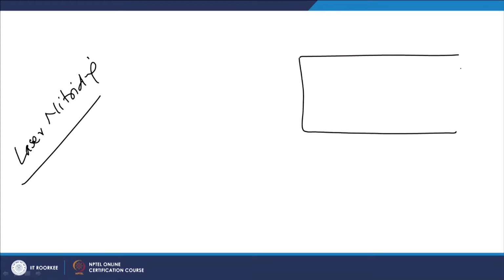So, under this category, the last process about which we will be talking is laser nitriding. We have seen the simple nitriding process, which is usually performed at a temperature of 500 to 600 degree centigrade. This is the Faraday zone for the steels.